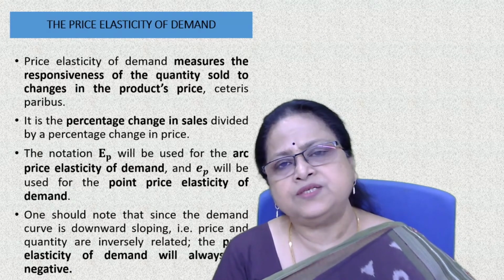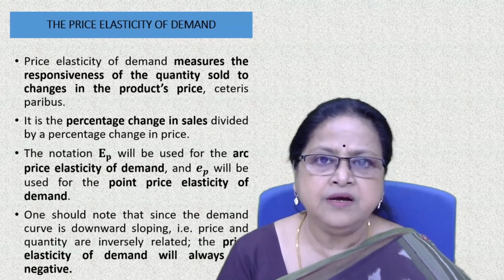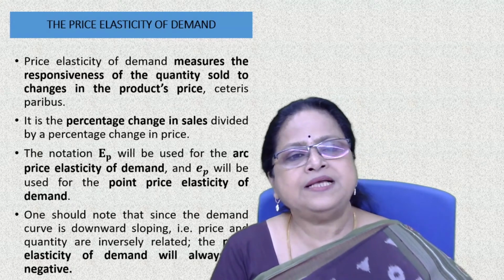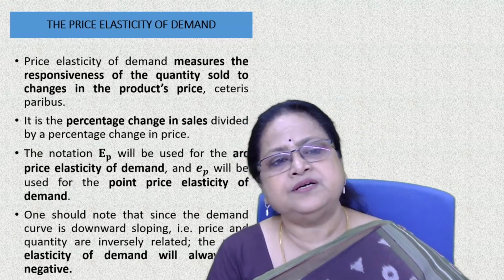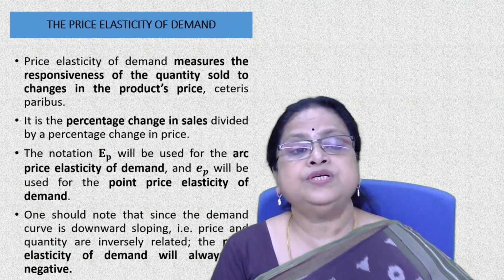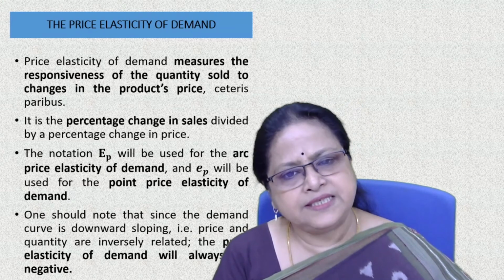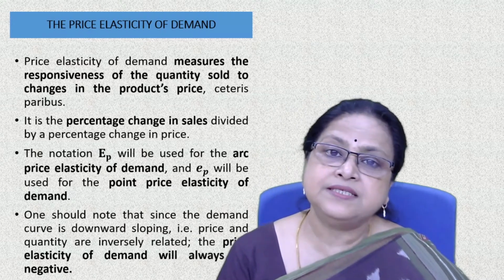So quantity sold is the dependent variable, and the product's price is the independent variable. It is the percentage change in sales divided by the percentage change in price.